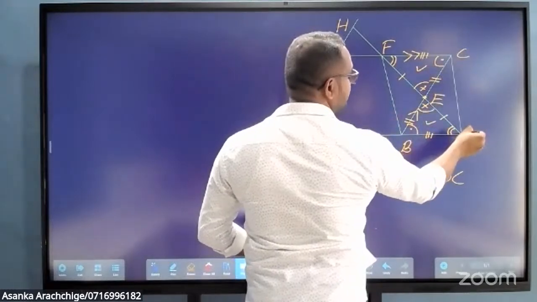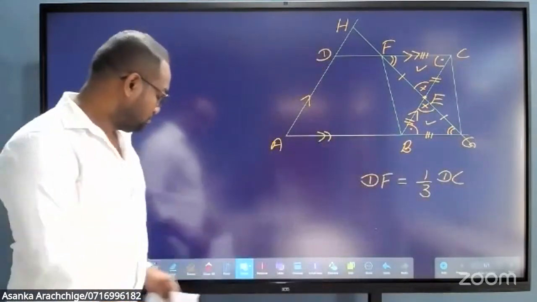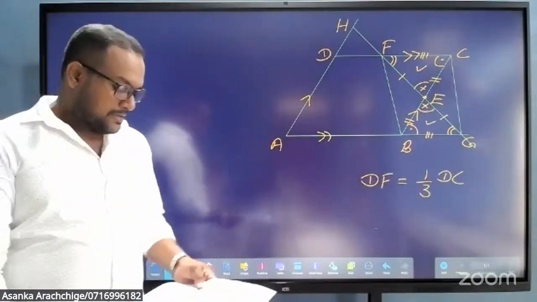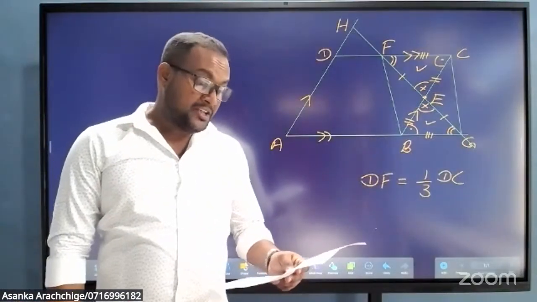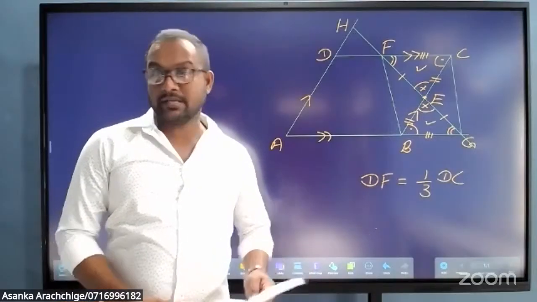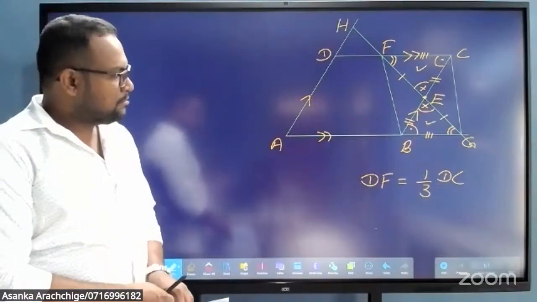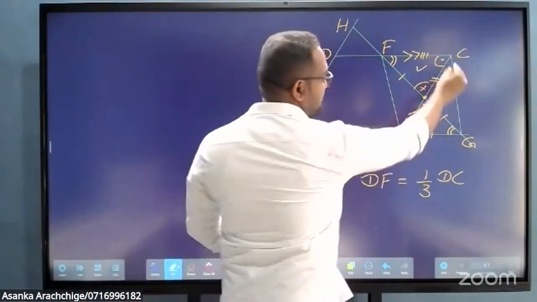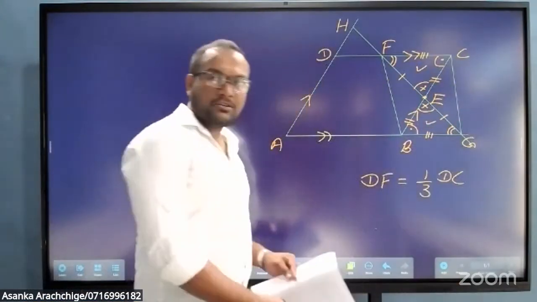This is GC. And give reasons why BGCF is a parallelogram. BGCF, it is a quadrilateral.